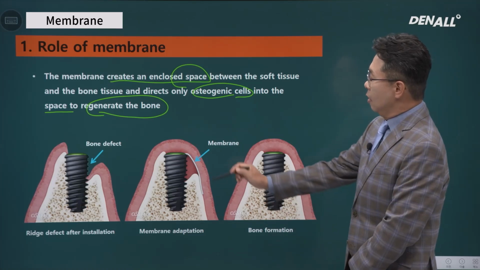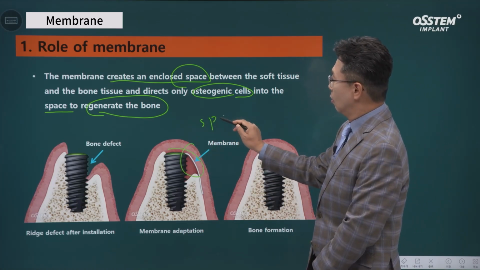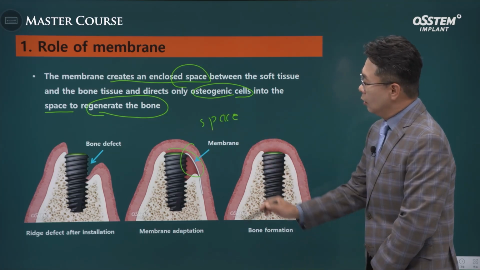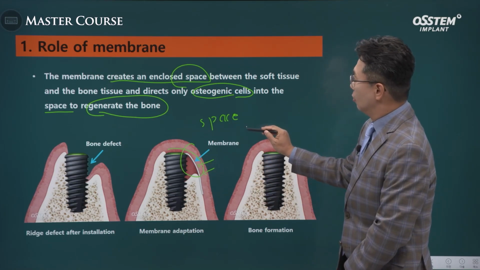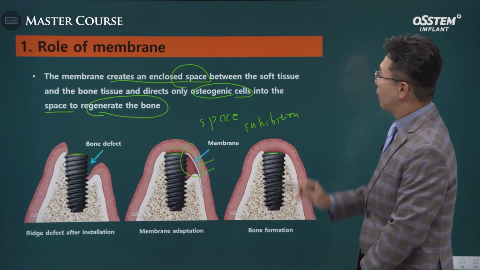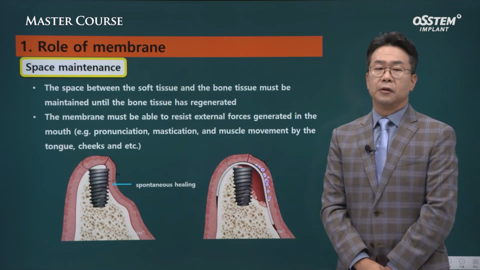As shown here, it provides a space for bone formation. Also, it prevents the penetration of other tissues. It serves as an inhibitor. It has such two roles.